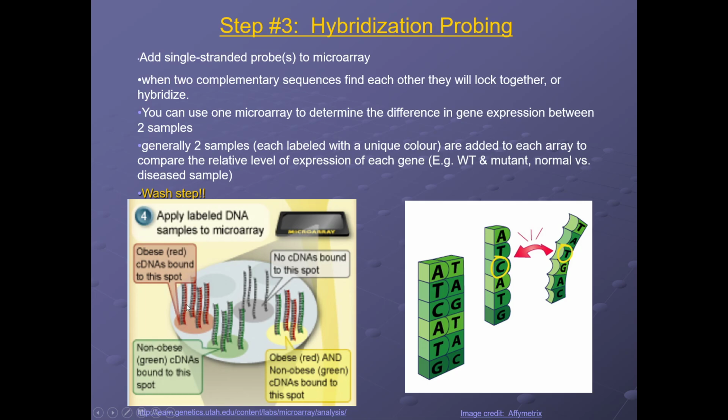In our case, as you can tell by the color, the fact that it's red means that it came from the diseased tissue. So the cDNA from gene number 1 will find the complementary sequence on spot number 1. And once it finds it, because of the complementarity, the hydrogen bonds will get established, and the single-stranded DNA from the tissue will anneal to the single-stranded cDNA that was synthesized on this spot, and you will have a double-stranded DNA formed.